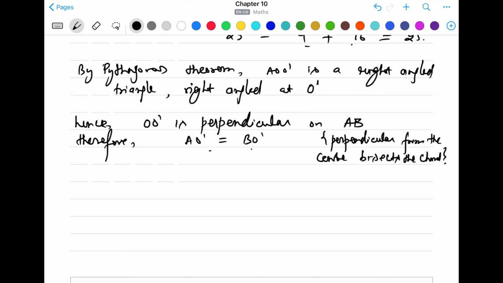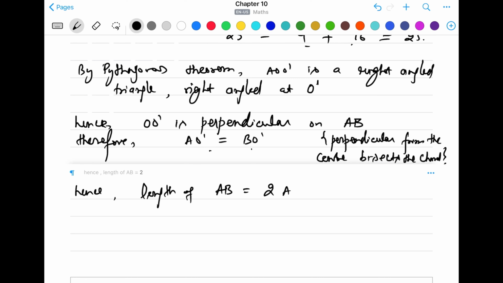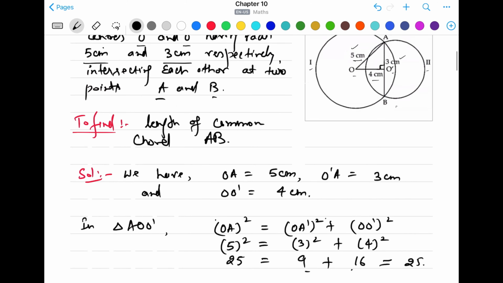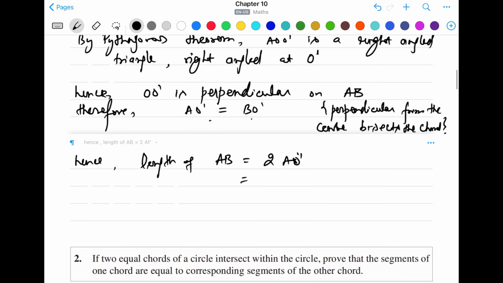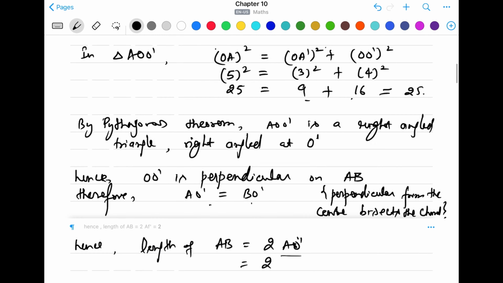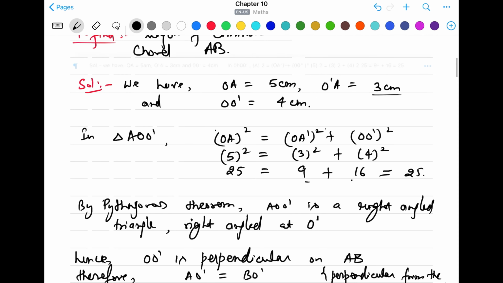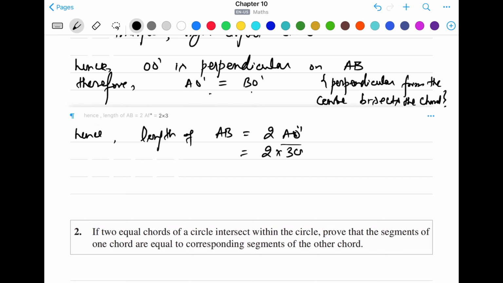Hence, the length of AB will be equal to twice of A O dash. Since O dash is bisecting the chord, dividing it into two equal parts, AB will be twice of A O dash, so that means 2 times 3 centimeter.